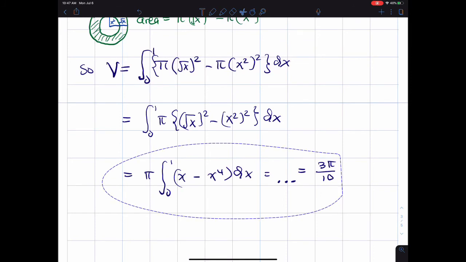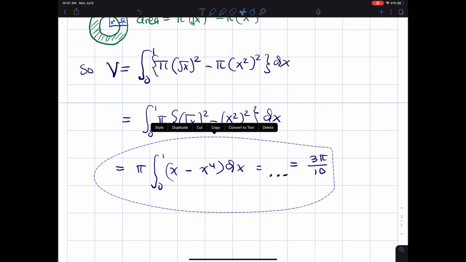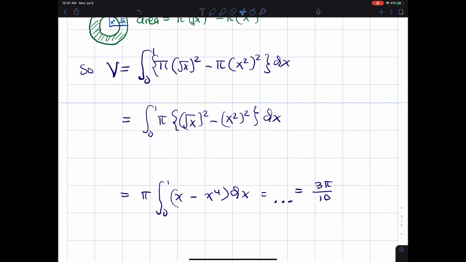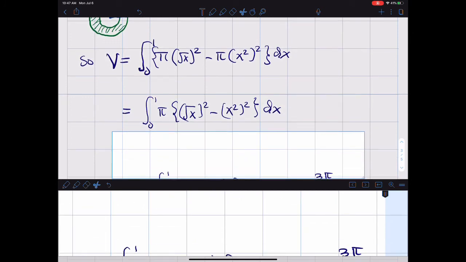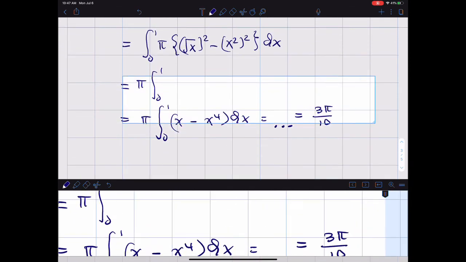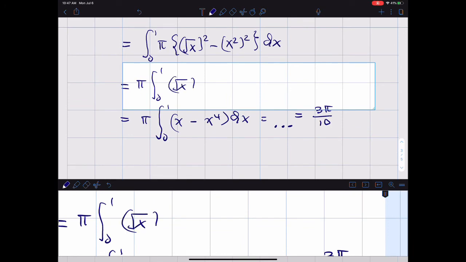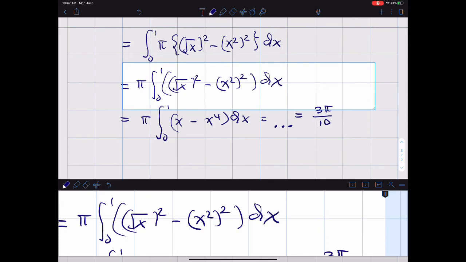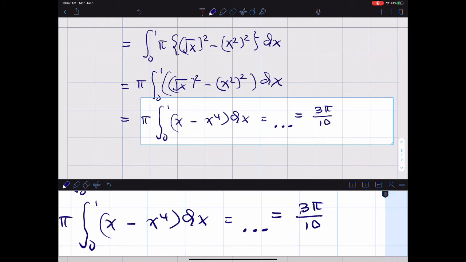So I can now bring out the pi. Then I have 0 to 1, just the square root of x squared minus x squared. And that's how I ended up there. And I'm sure you can do this integration to get the correct answer.